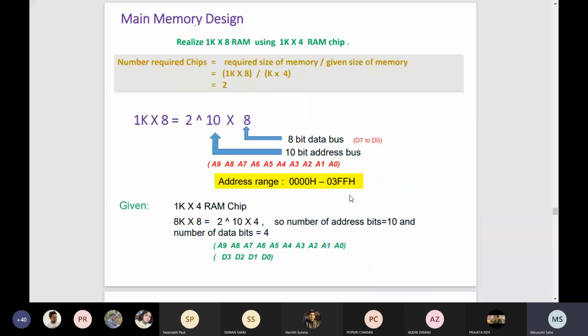Here I have done the same way, the data bits are 4.